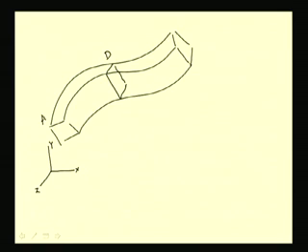Let us consider an arbitrary structure in space and consider a section, say D, in this member AB.